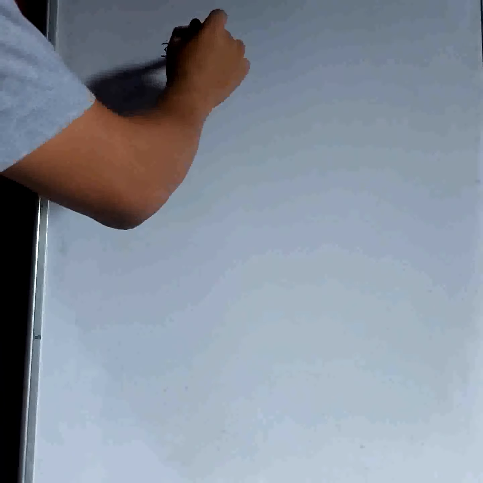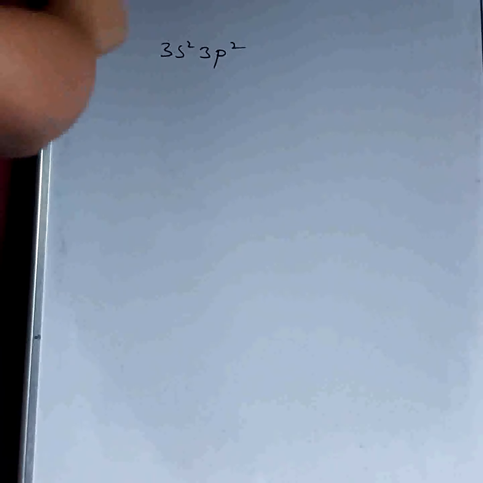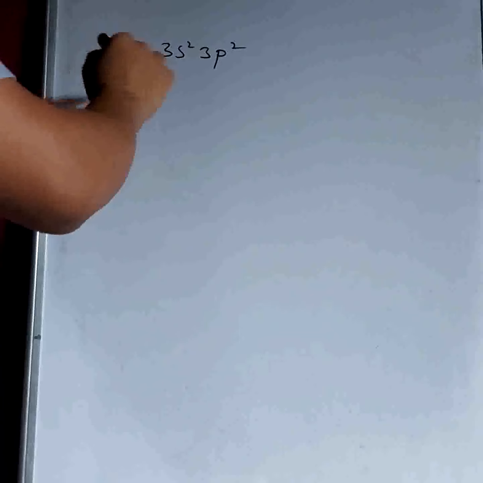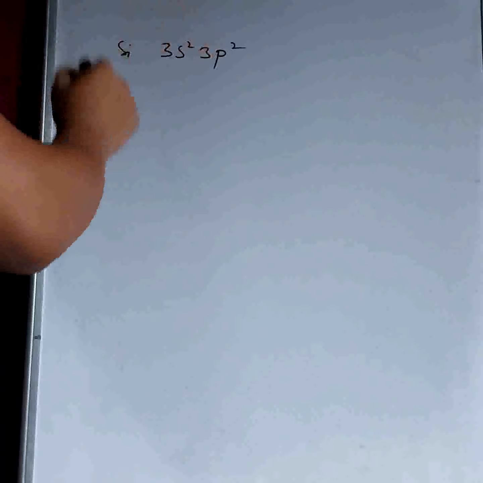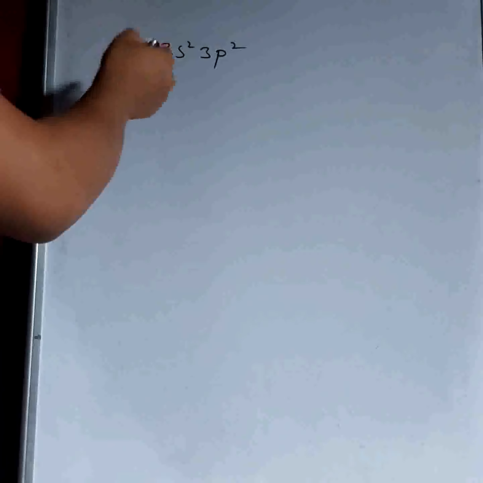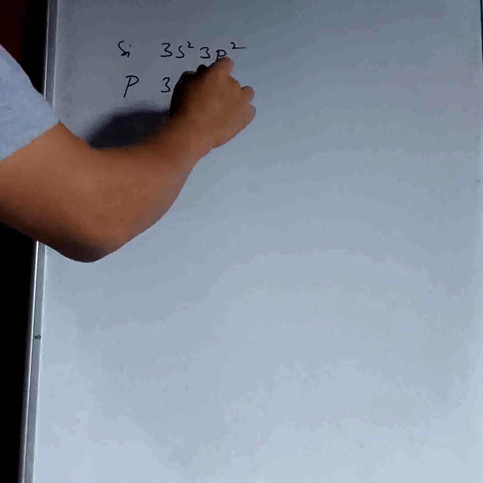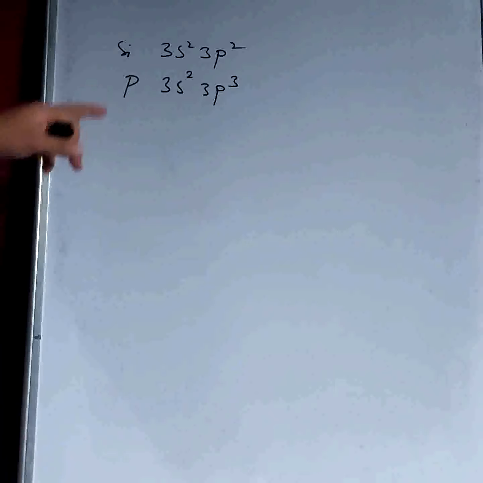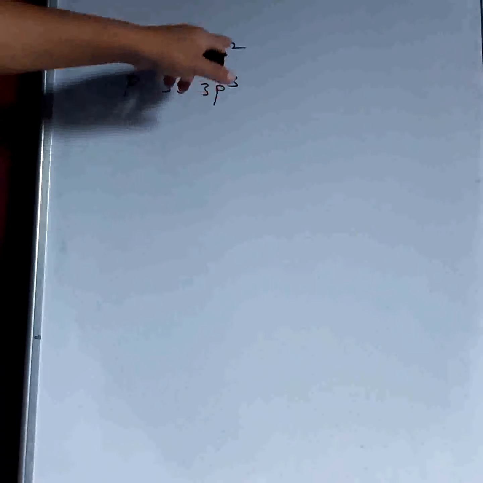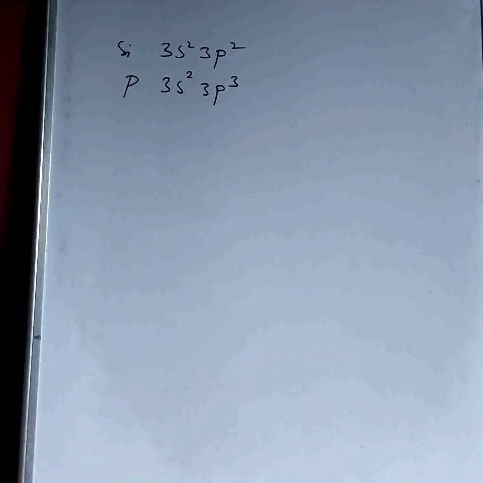In the case of silicon, we know that 3s2 3p2 is the electronic configuration. If we dope silicon with phosphorus, 3s2 3p3, there is a difference in the number of electrons between silicon and phosphorus.